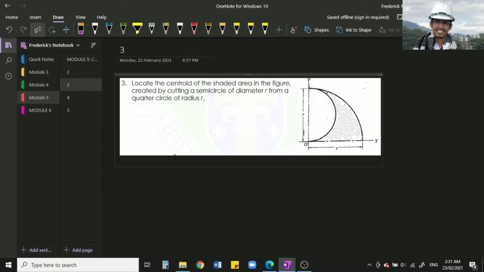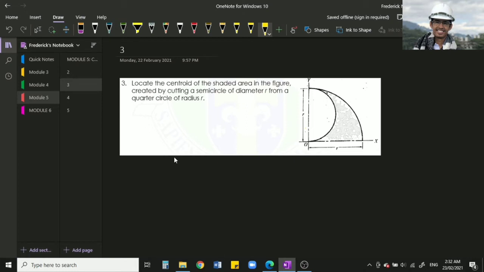So ang gagawin lang natin dito will be i-divide lang ulit natin into two parts, no? So meron tayong dalawang figure dito that will be yung semicircle and yung quarter circle. Okay? Yung semicircle, i-denote natin to na negative, okay? Kasi hindi siya shaded area.